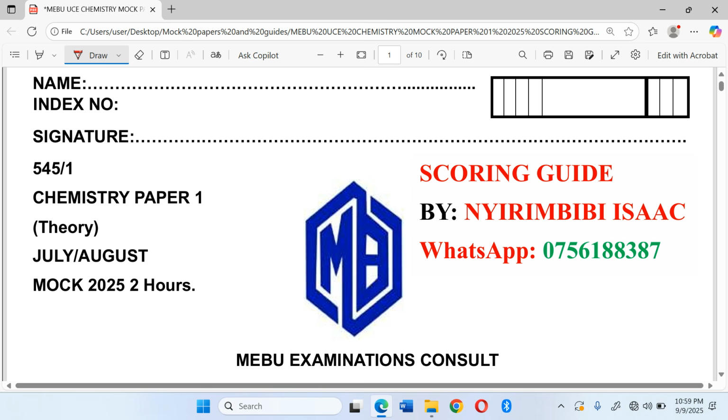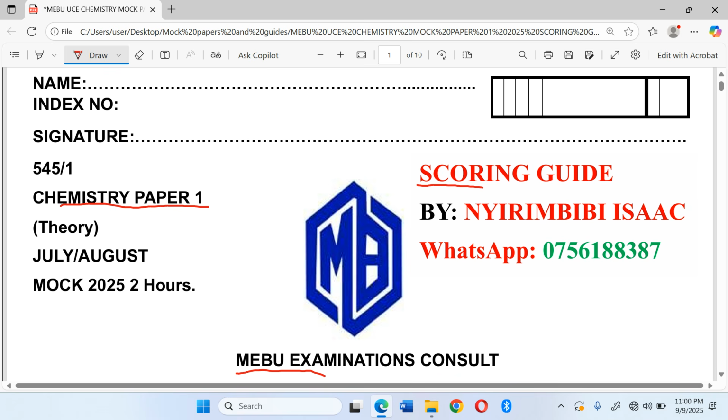Today we shall be looking at the scoring guide to this mock paper, Chemistry Paper 1. This is MEBU Examination Consult, and we shall be doing a step-by-step approach of all the items in this paper.